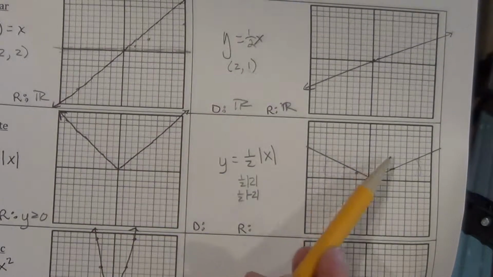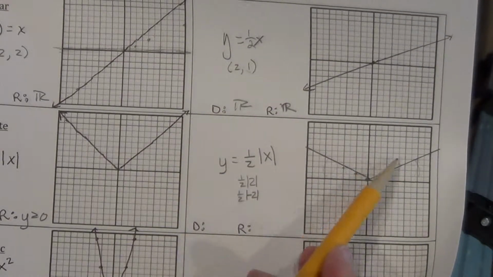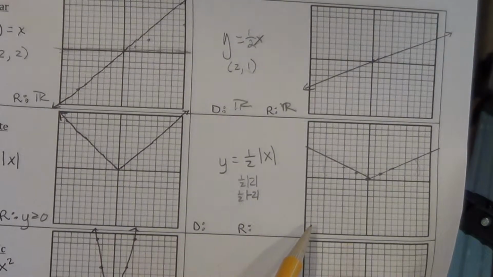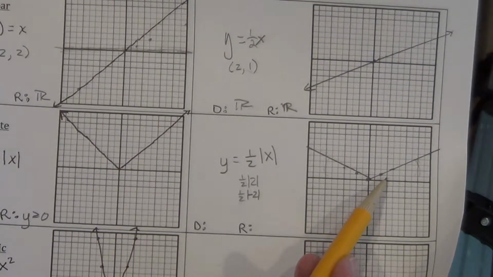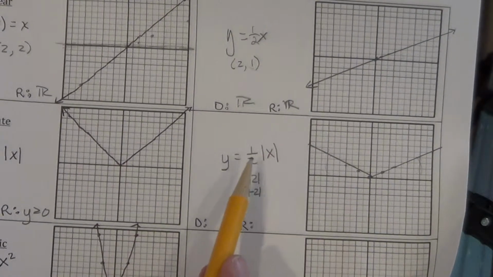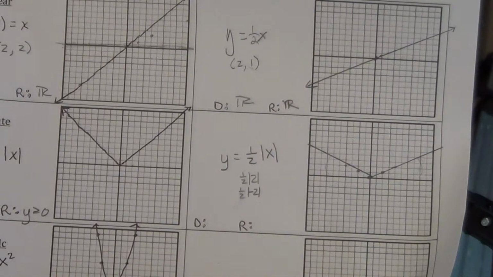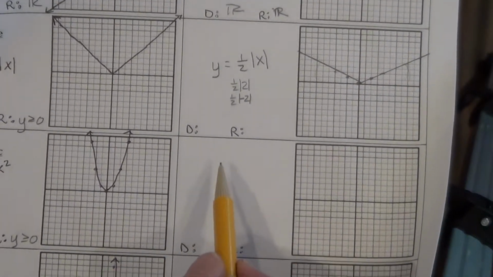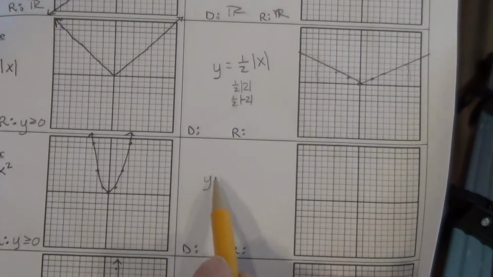It makes it look kind of wide, doesn't it? Some people will refer to that as being wide, and I think on your test, I actually have a multiple choice situation where you have to choose that it makes it wider when you have that fraction in front.